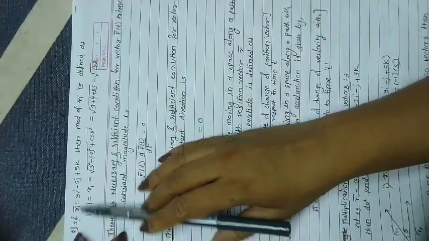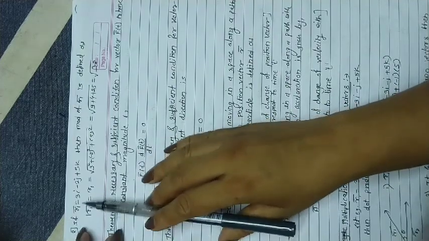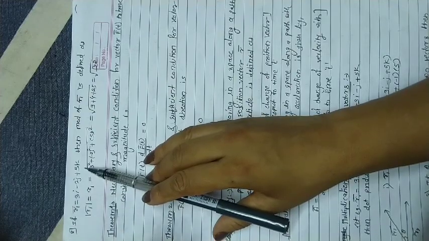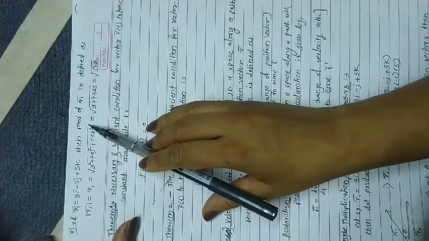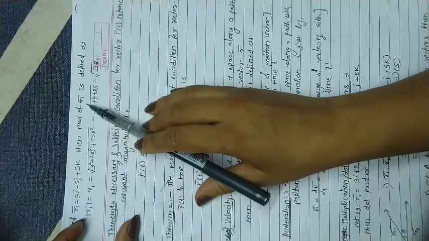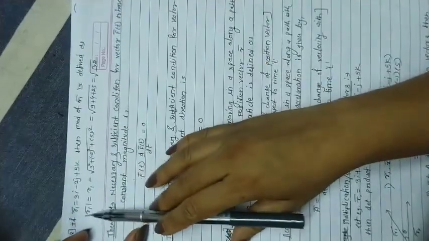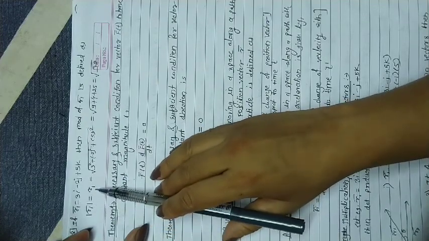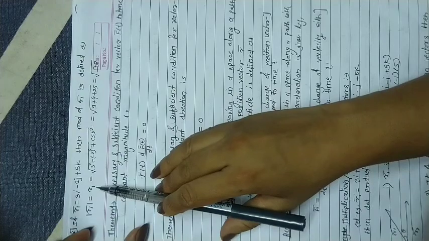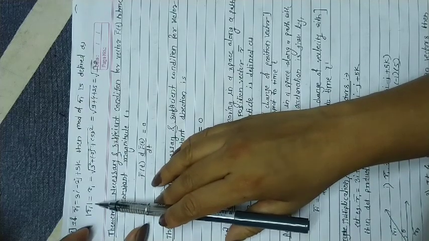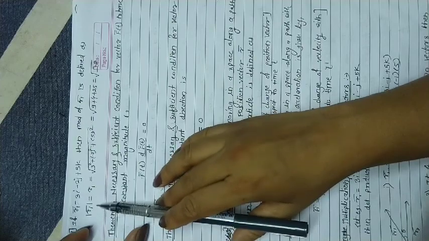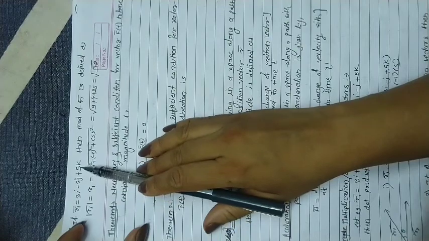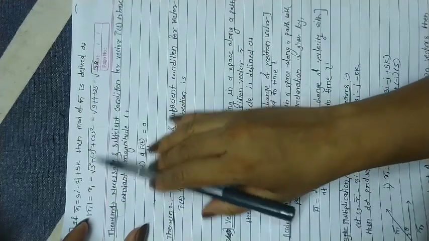Now, for example, if R1 bar is any vector, say 3i minus 2j plus 5k, then the magnitude or modulus of R1 bar, which is denoted simply as R1, is the square root of these three numbers squared.